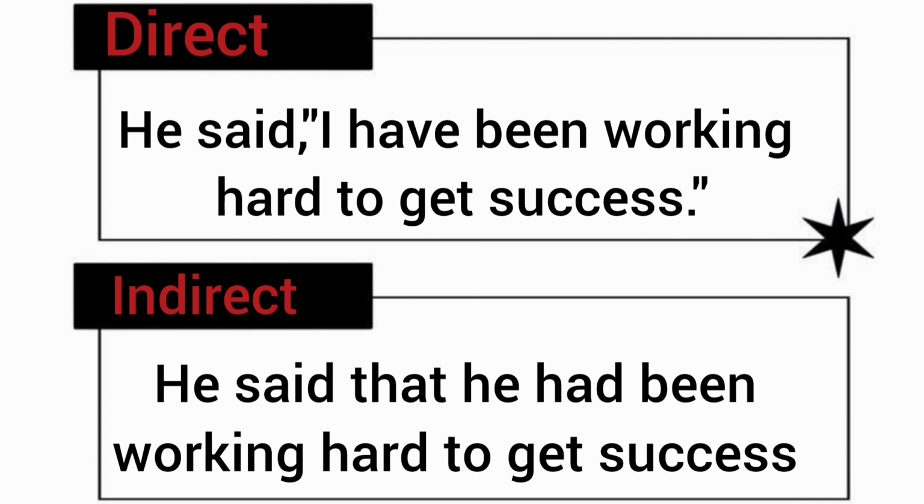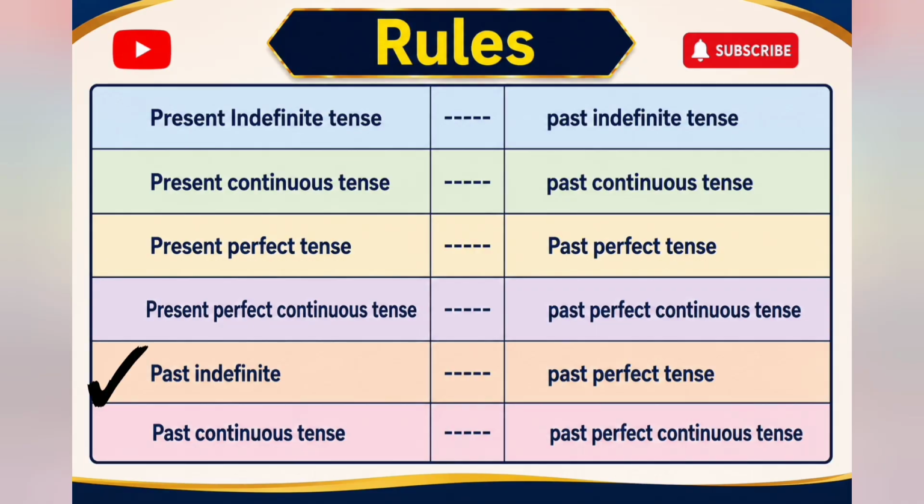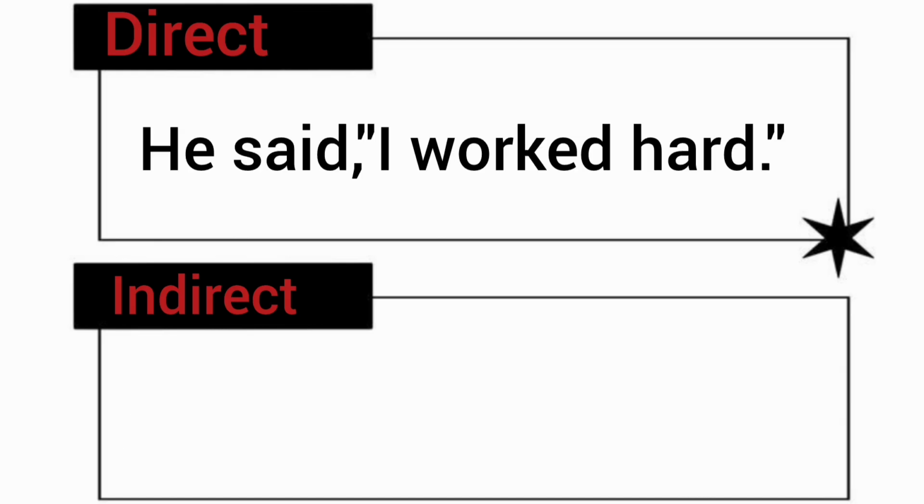Changing the present tense of reported speech is a bit easier because it is directly changed into the concerned past tense. Now it's the turn of reported speech that is in past indefinite and then past continuous. He said, I worked hard.